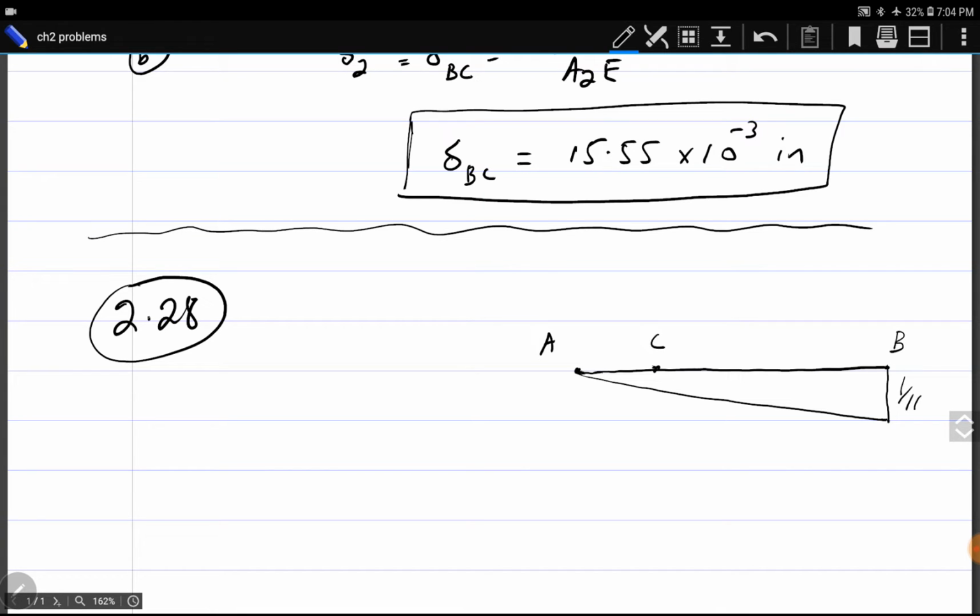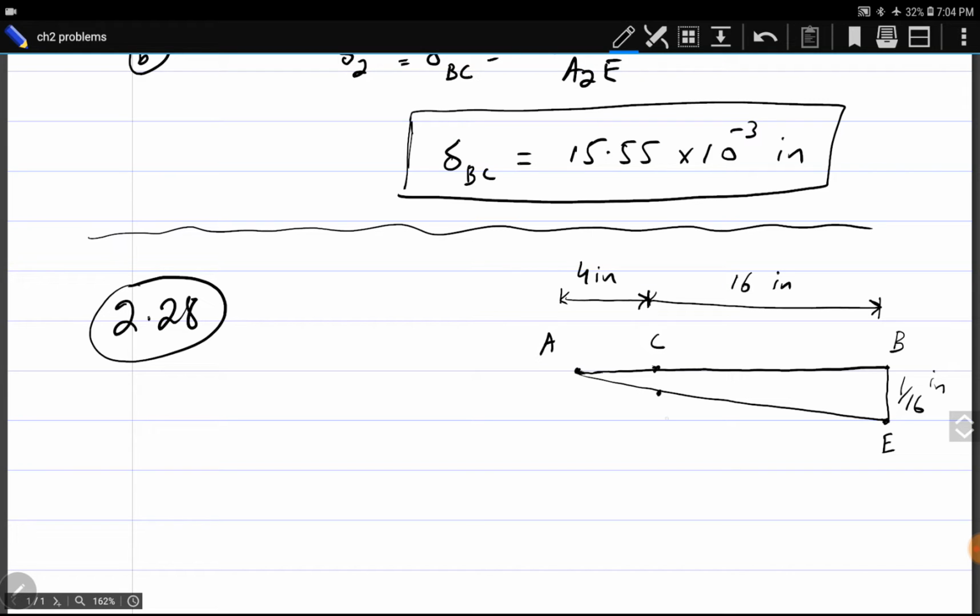This gap will be filled, which is equal to 1/16 inches. AC is equal to 4 inches and CB is equal to 16 inches. This is given in the problem.